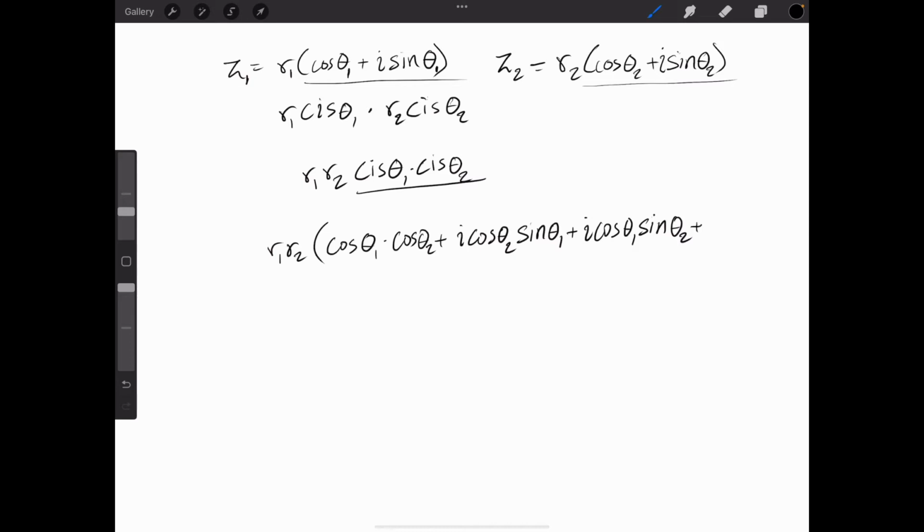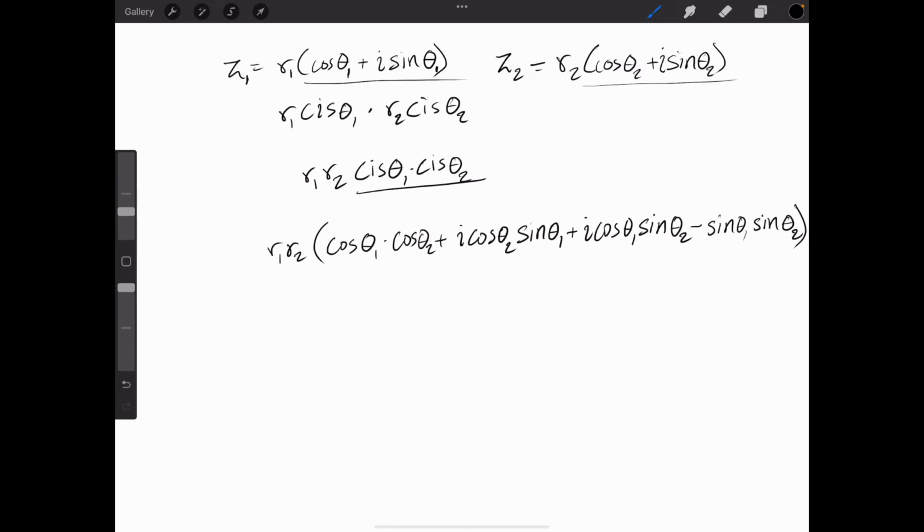If you remember, I squared is just minus 1, so technically that's not a plus sign, that's a minus sign. It's minus sine theta 1 sine theta 2. That's how you expand that.